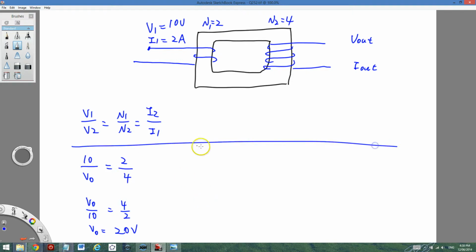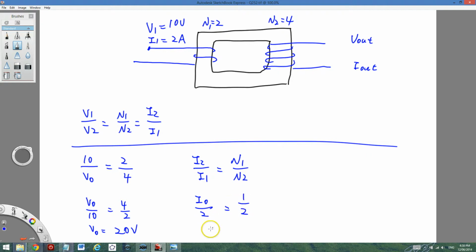Similarly, if you're using the same formula with current, I2 on I1 equals N1 on N2, then I out divided by 2 equals 1 on 2.